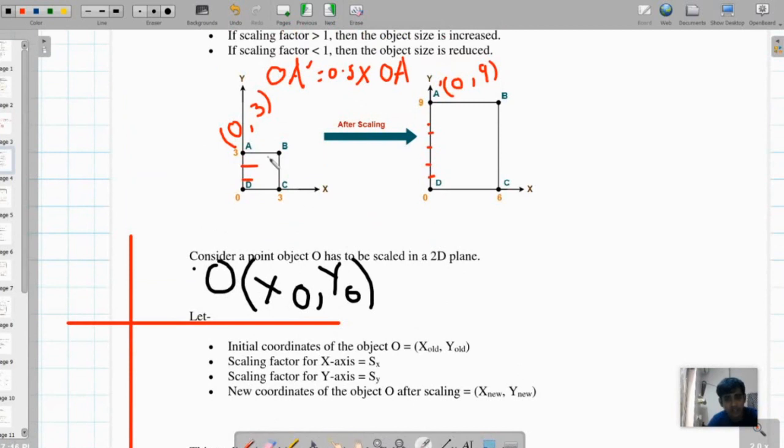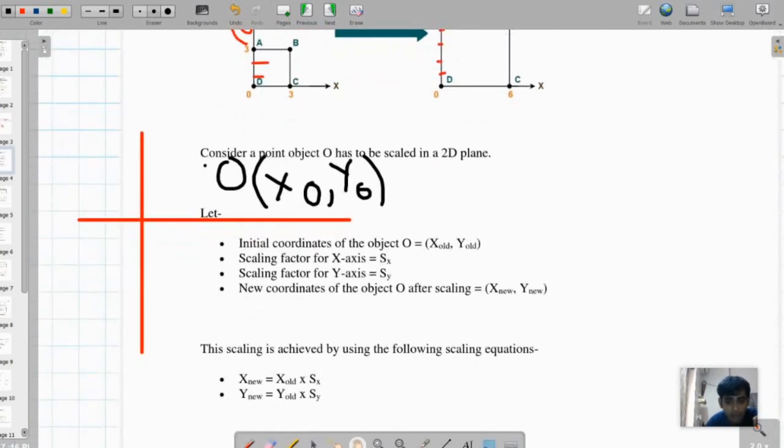Here you can see that along the y direction, the original polygon has been increased 3 times. So the scaling factor along the y direction is 3, but along the x direction, it has been increased twice only. So along the x-axis, your scaling factor is 2 in this particular example.